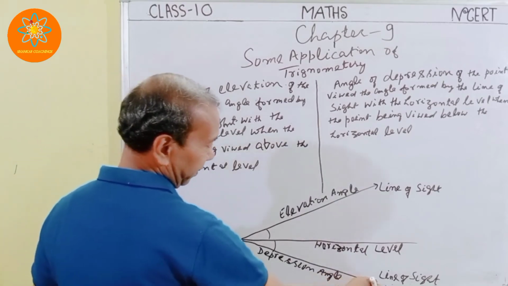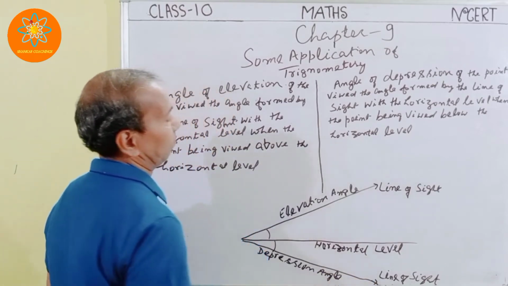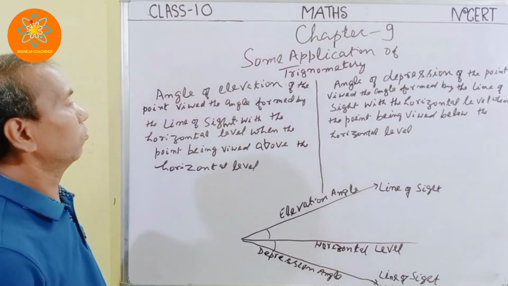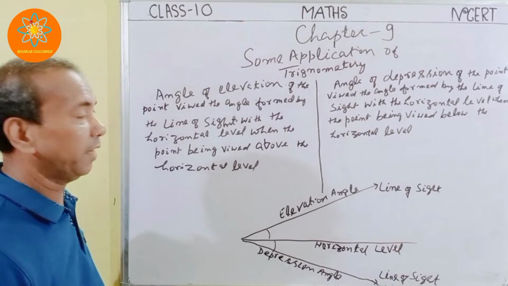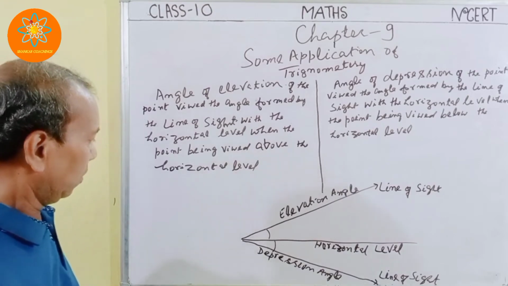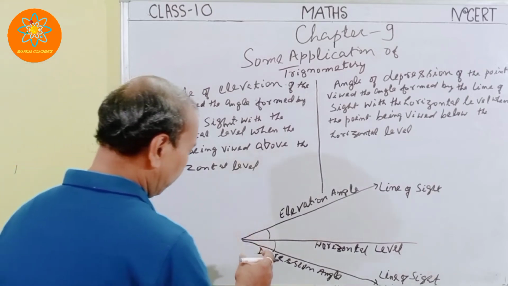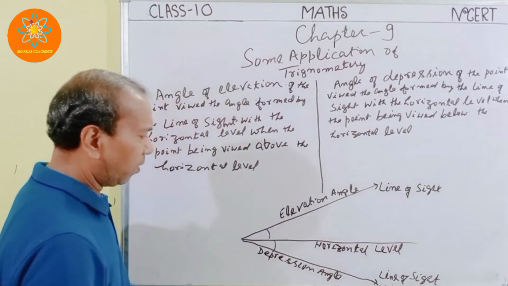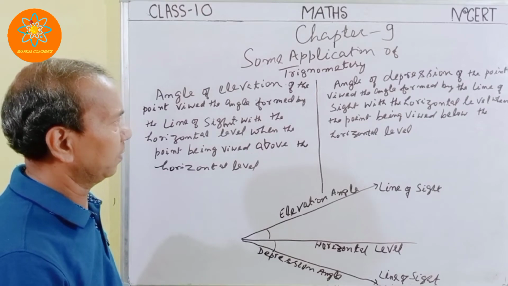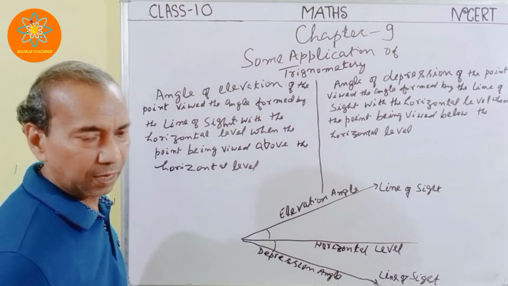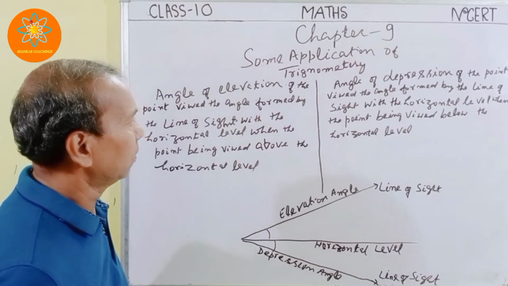Obviously, this is the line of sight. So in height and distance, we must be able to find either elevation angle or depression angle or both. Then we will calculate the values.